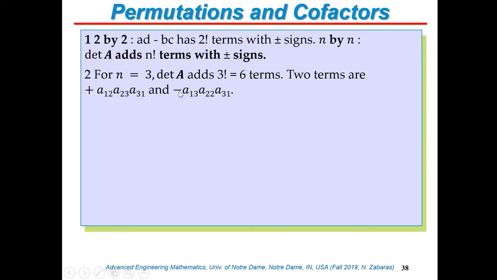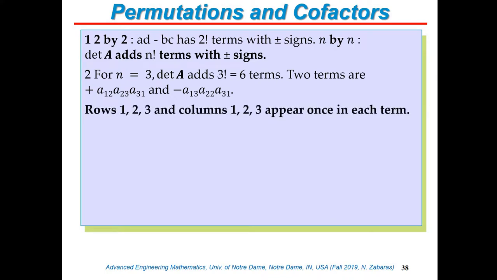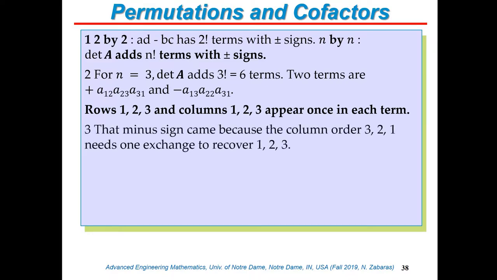If you have 2 exchanges, it's minus sign squared, so that's a plus sign. So again, every row and every column in each term appears only once. And the signs have to do with the number of exchanges that you need to do in the order of the columns in each of these terms that is required to go back to the arrangement of the columns 1 to 3 of the identity matrix.